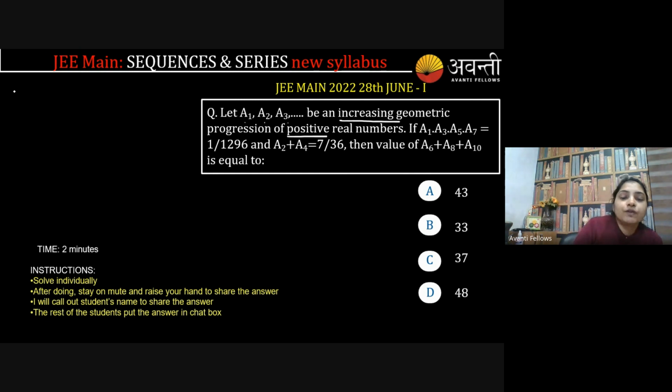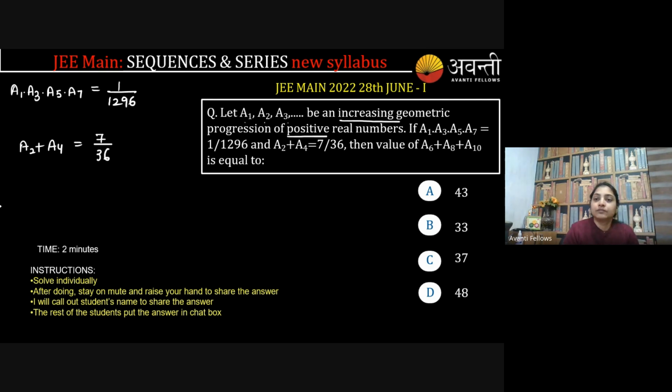Product of A1 into A3 into A5 into A7 is equals to 1/1296. Then A2 plus A4 is equals to 7/36. So you have to calculate this value.